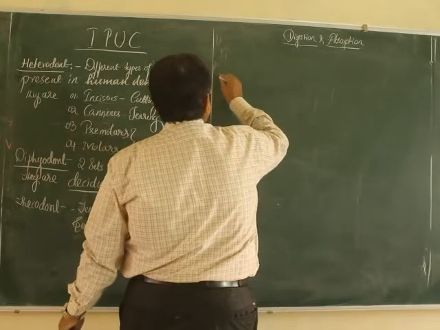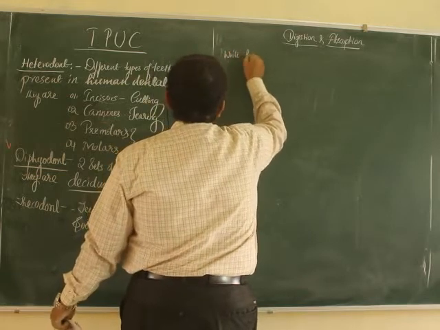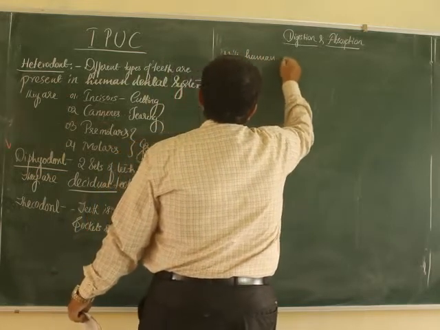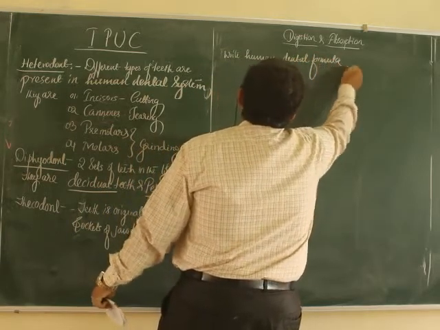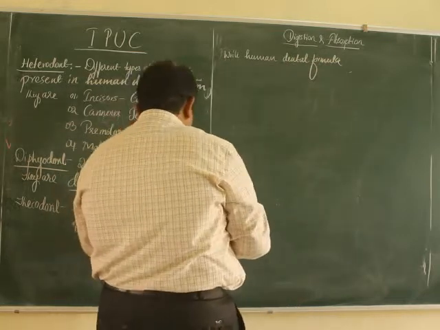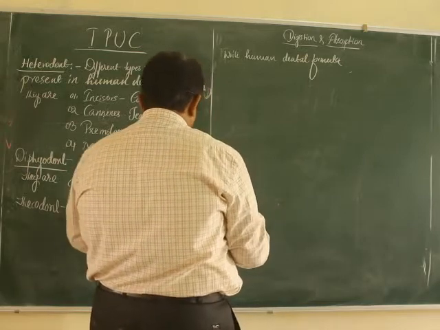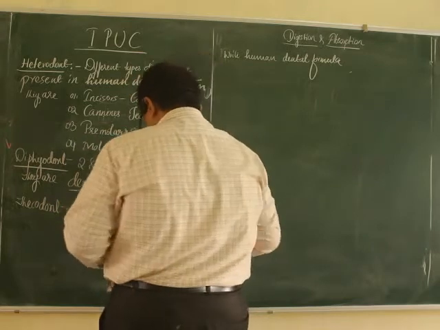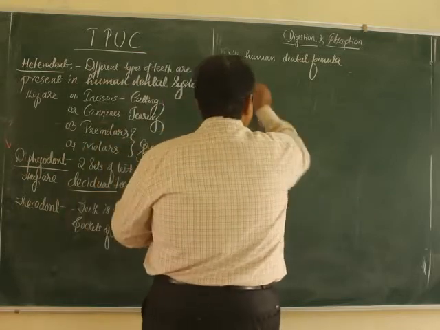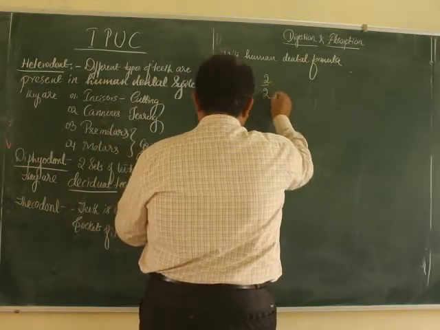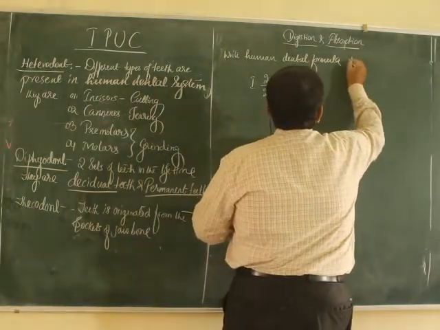In the exam, they may ask, write the dental formula of human. If they ask this question, then the answer should be like this. Incisors 2 by 2, of adult.